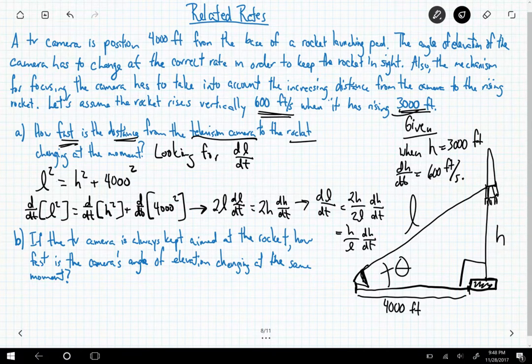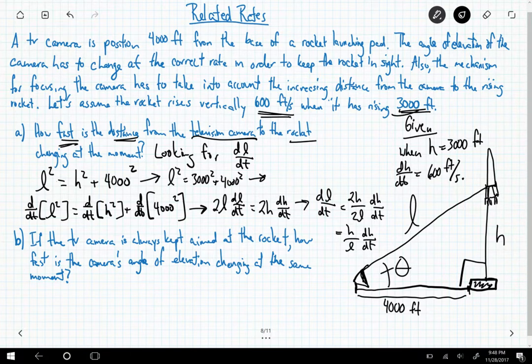Now that's where we might get stuck, right? We don't have L. What is L? Well, that's where we can use our original formula. L squared equals 3,000 squared plus 4,000 squared. I don't know if you remember, but the 3, 4, 5 right triangle is one that comes to mind right now. And so that's what we're going to have.